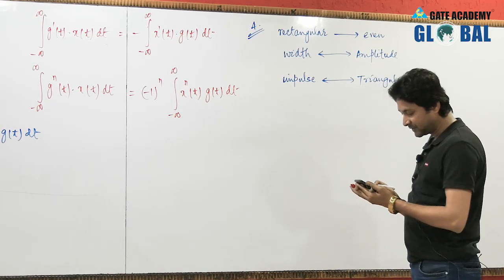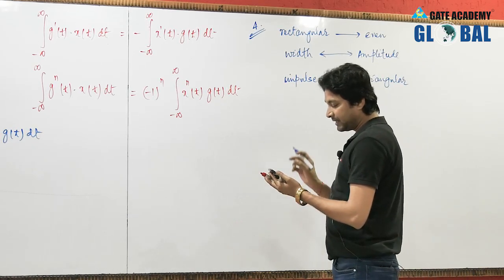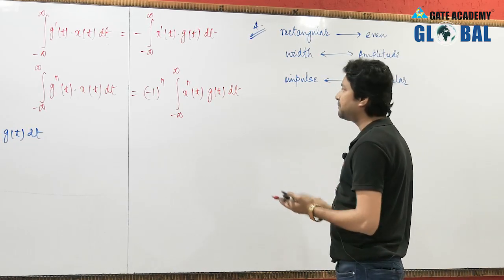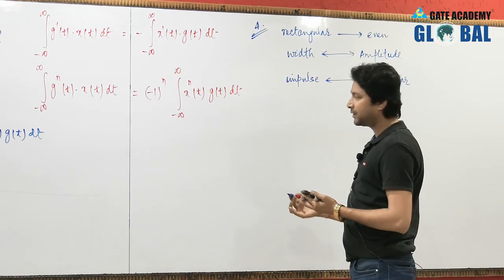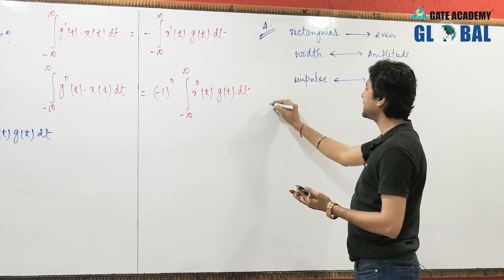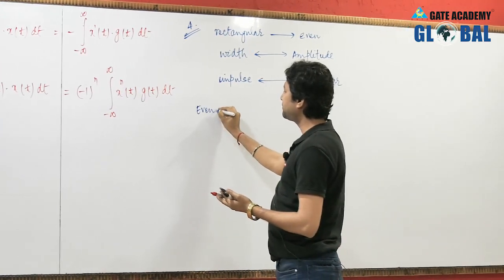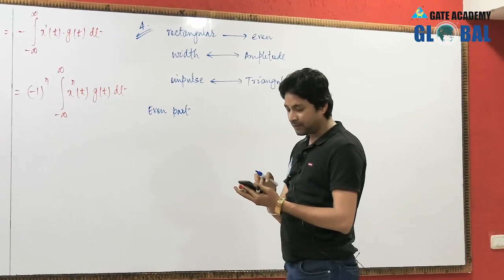Now you have to find the actual value of the rectangular part. So rectangular means even, therefore what we have to find is the even part. Next term, the rectangular part of the impulse function.